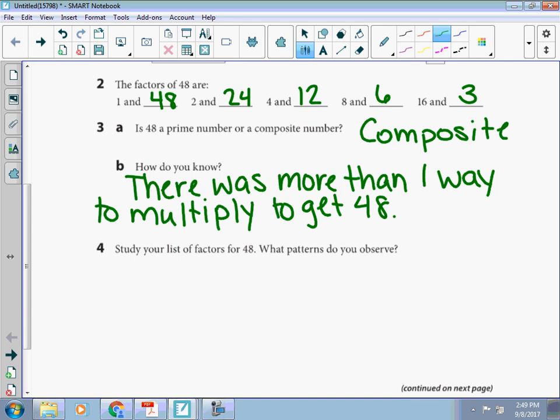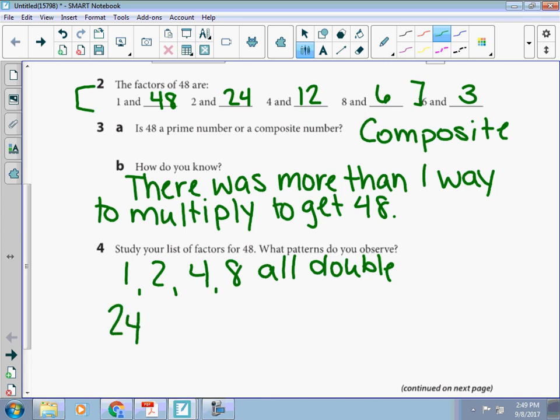And the patterns are really between here are 1 and this one. And we notice that it goes 1, 2, 4, and 8, and those all double. And in order to get the same answer, that means 48, 24, 12, and 6 all then get cut in half.